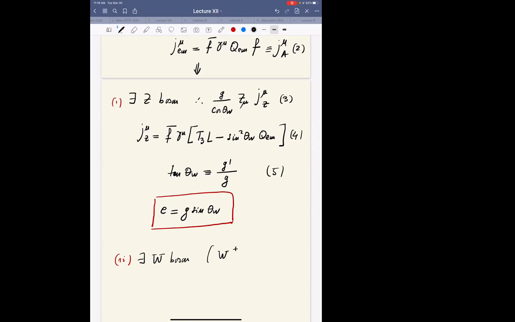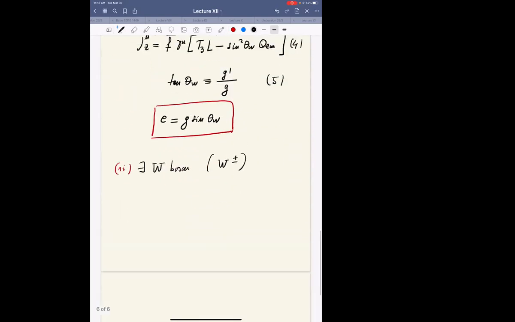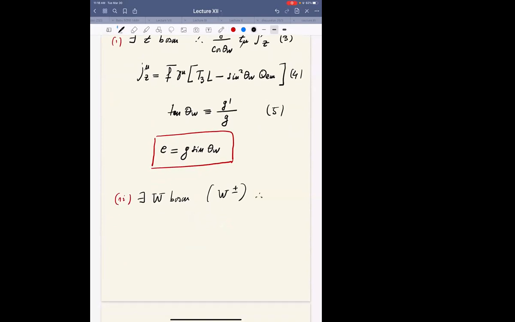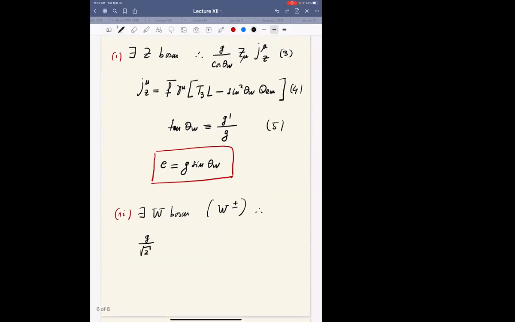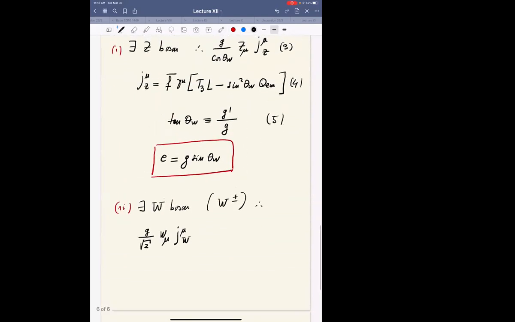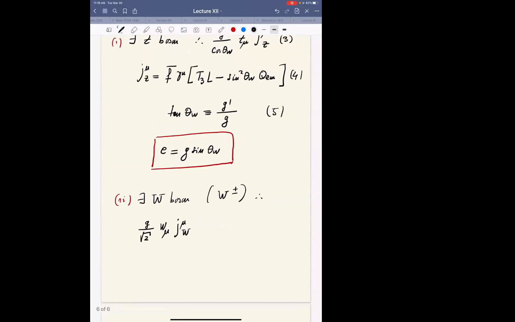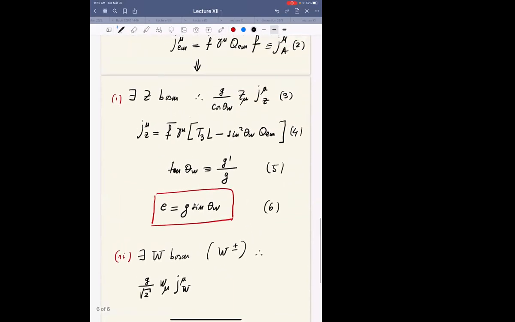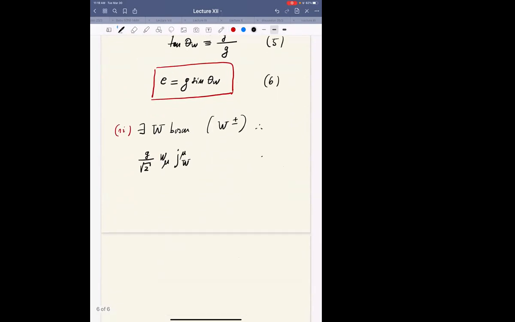It's charged, so that it couples as g over square root of 2, W_mu J_mu^W, which stands for W or weak, where J_mu^W is U_L bar gamma_mu D_L.